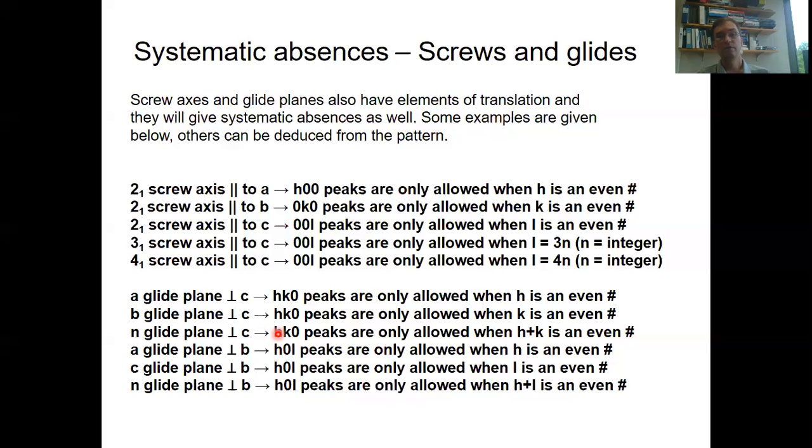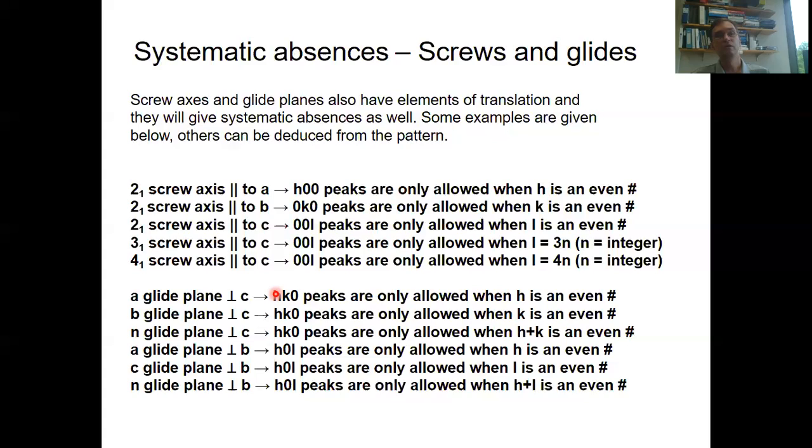That is inconsistent with the condition for the glide plane A, because in the glide plane A, H always has to be even. So this is how you can distinguish an N from an A. But by looking at one reflection alone, you may not be able to make the case.